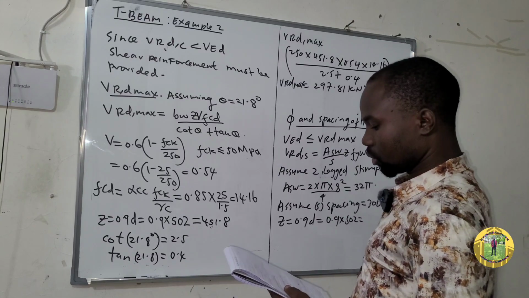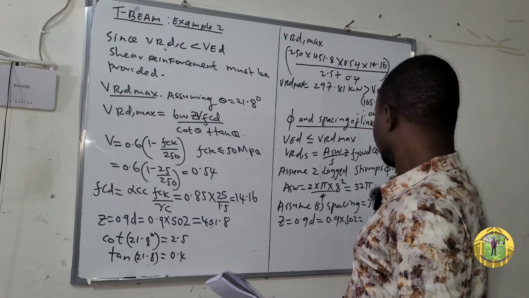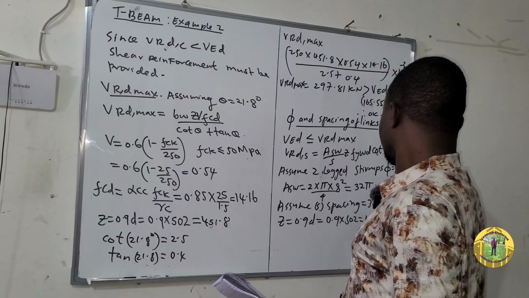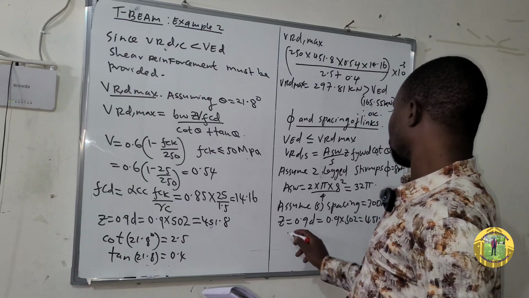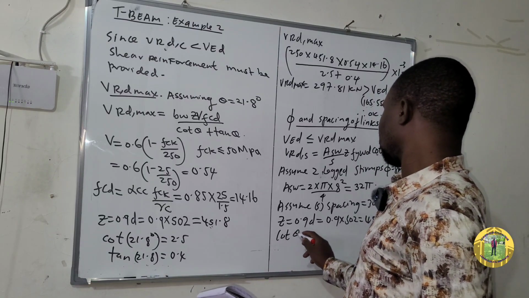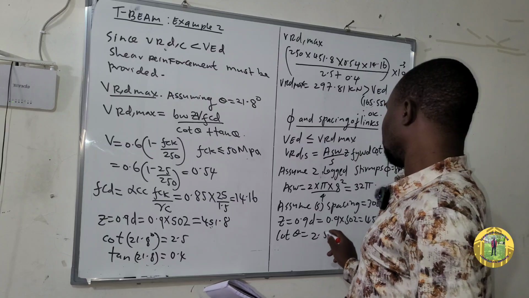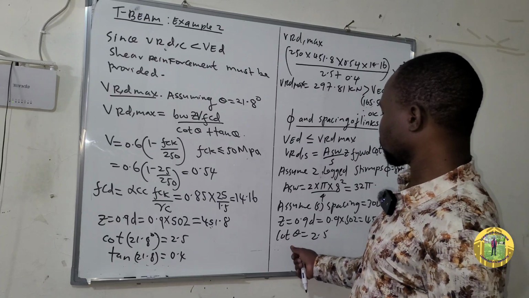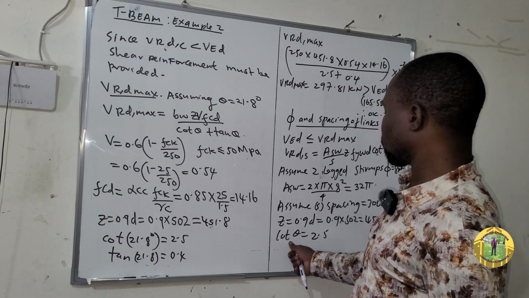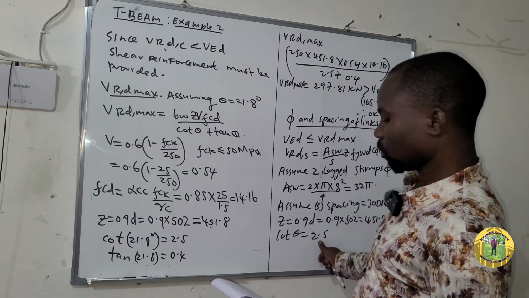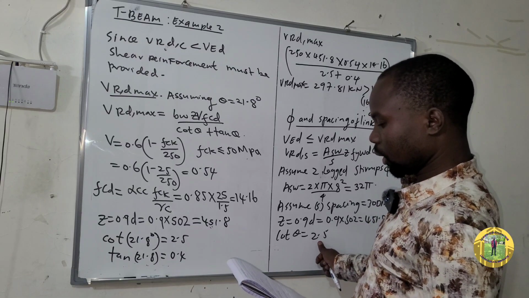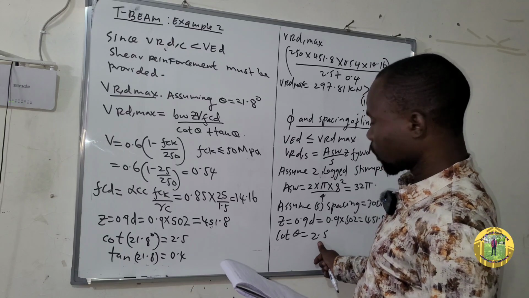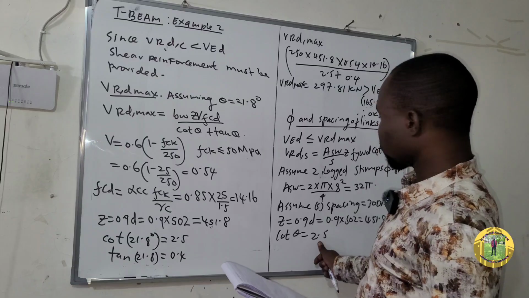So this one is equal to 451.8 millimeters. Cot theta is equal to 2.5, or you can do it with your calculator. That is cos 21.8 over sine 21.8. You'll get 2.5. And then, is there anything you are missing? FYD.